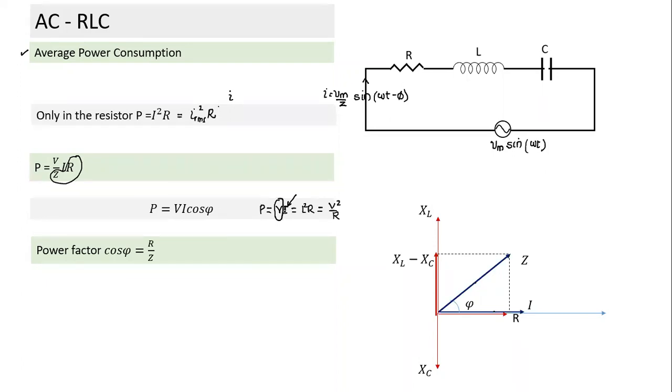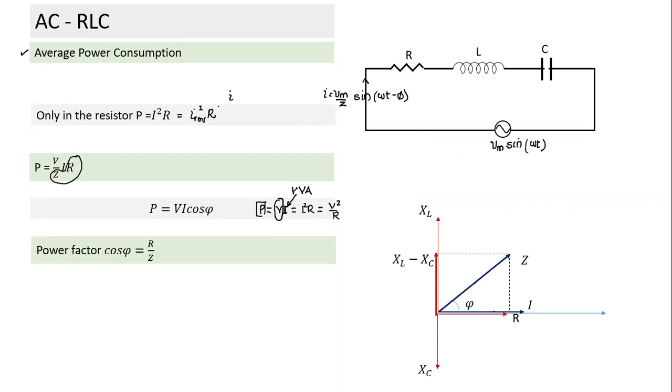But what happens in case of AC supply? As per this equation, VI will give you instantaneous power. It will not give you average power. That's why you'll also come across the unit VA, and even kVA for the supply.